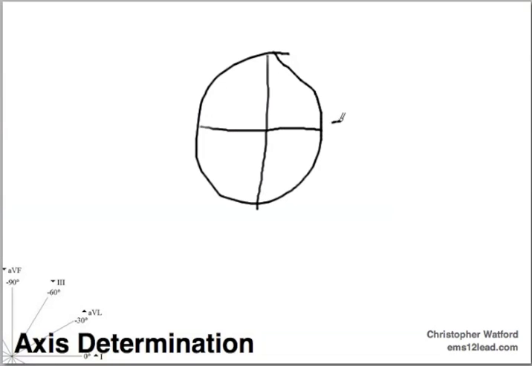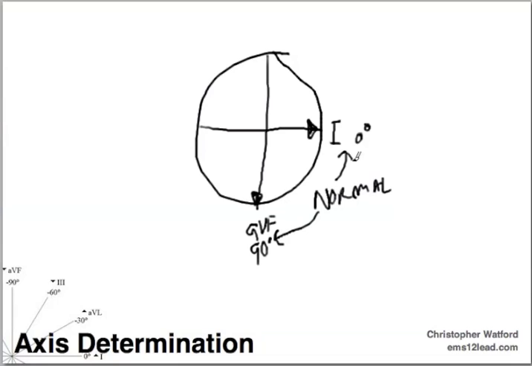Divide it into 4 quadrants. 1, AVF. We know the heart points to 90 degrees, heart points to 0 degrees. Right? If we recall, this would be a normal axis from 0 to 90.